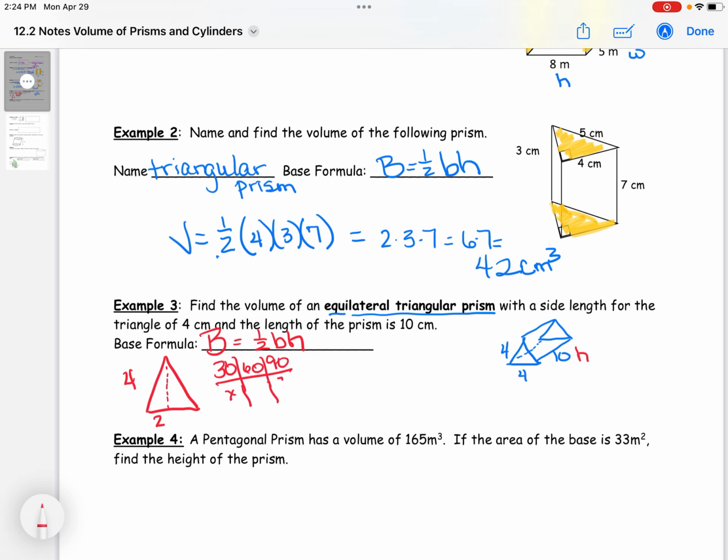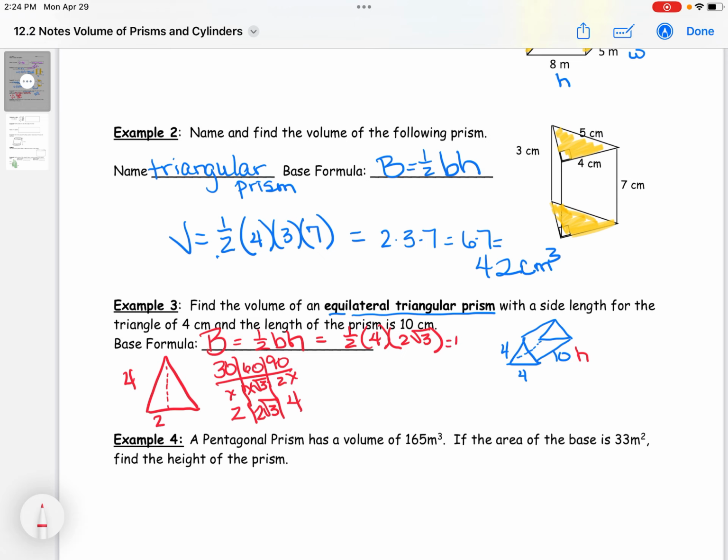Which makes sense because I have x, 2x, x square root 3: 2, 4, 2 square root 3. All right, so my base is 1/2 times 4 times 2 square root 3.